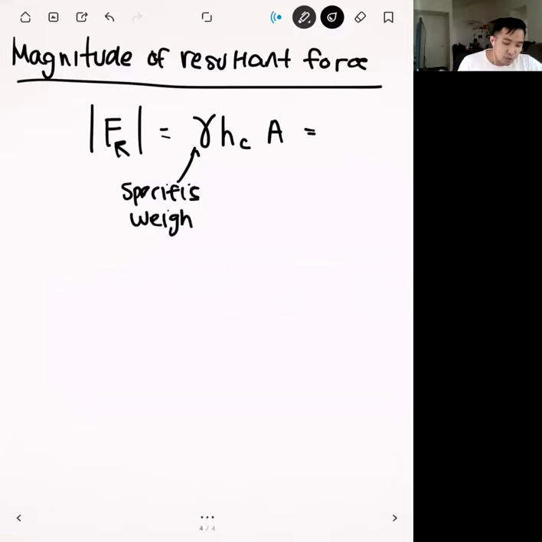It's the weight of the fluid per unit volume. This hc is the height of the centroid, in other words, just the vertical depth of wherever the centroid is. And this A right here is the area of the surface.